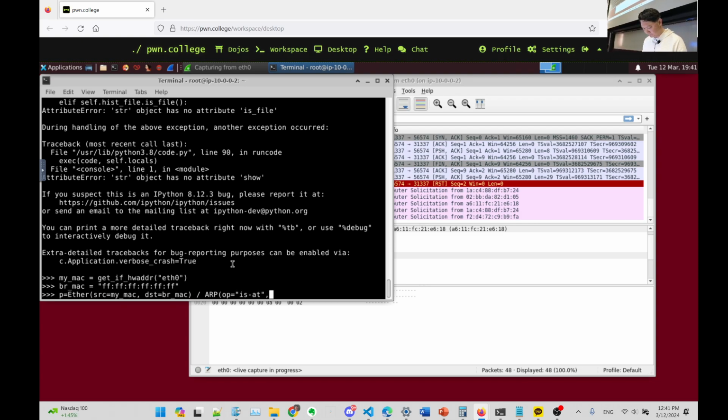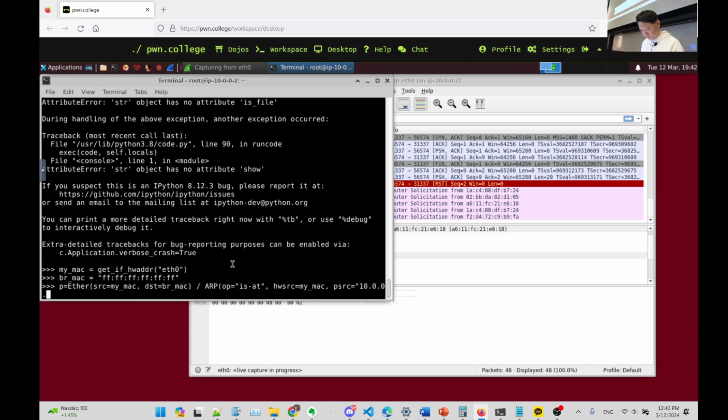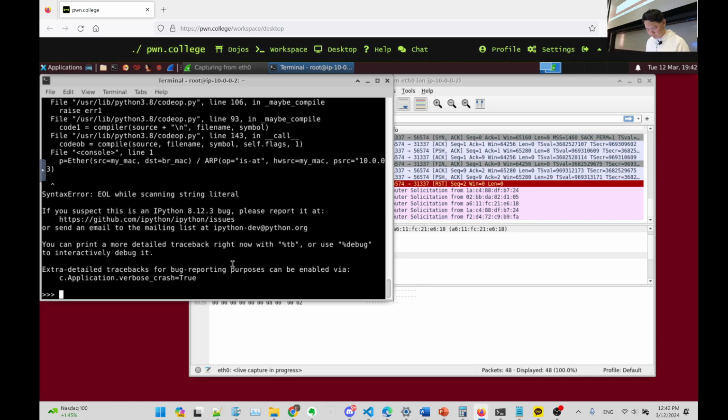And the hardware source, so my MAC, and the IP source is going to be. So let's spoof 10.0.0.4 or 3 first. Okay.